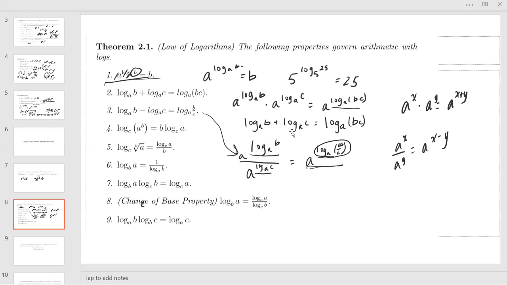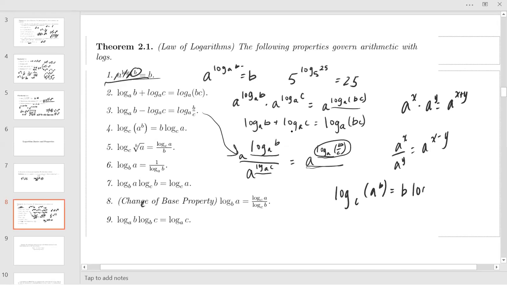Next, we have that if we have the log of a power, we can pull out that exponent to get this. So you can basically just pull this out in front and multiply by it. So that's our fourth property.